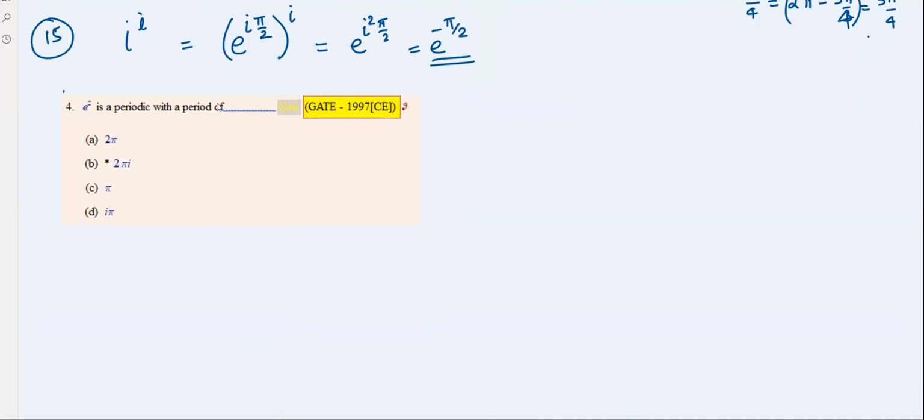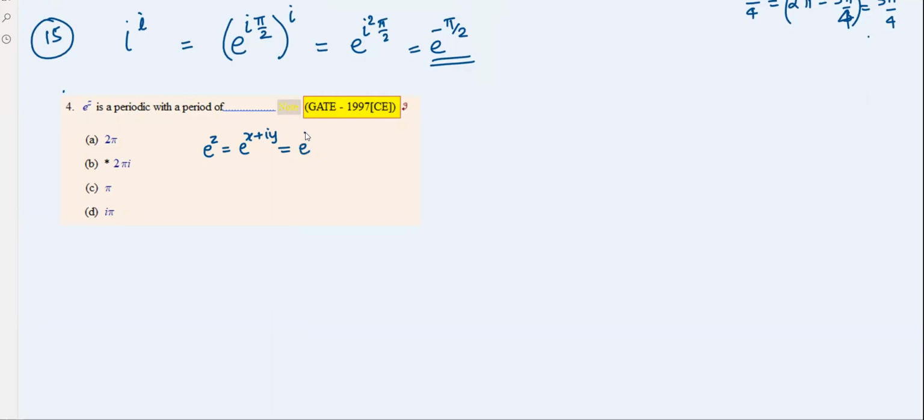Now e power z is a periodic function. Exponential, we did, right? This one, x plus iy.